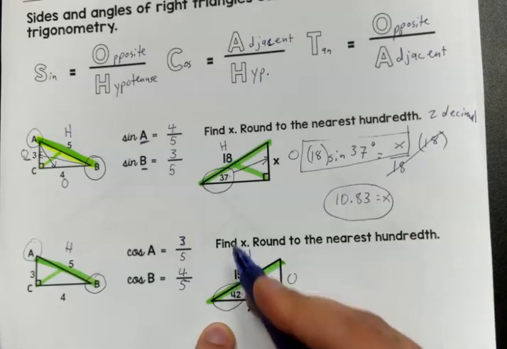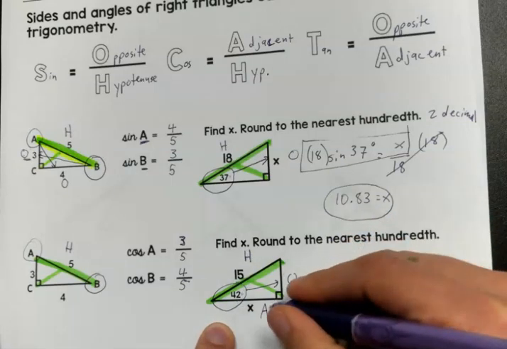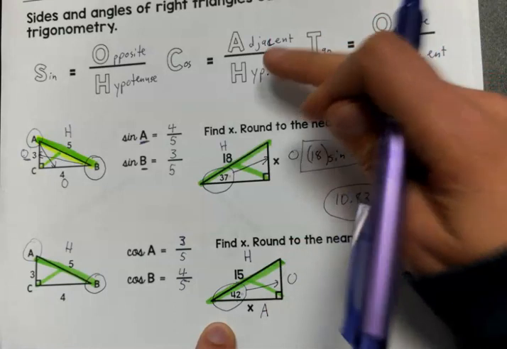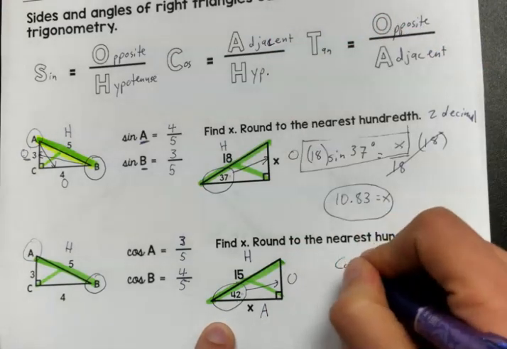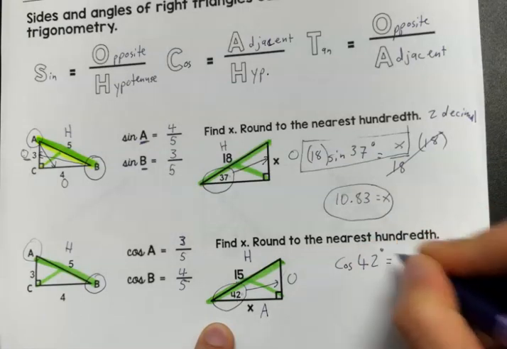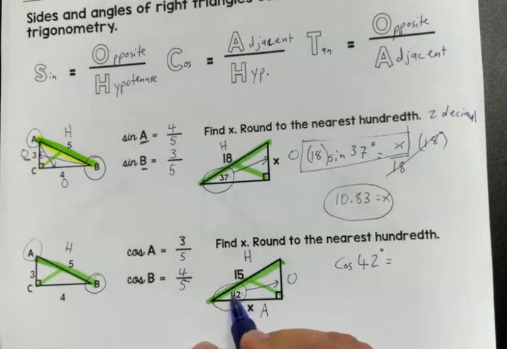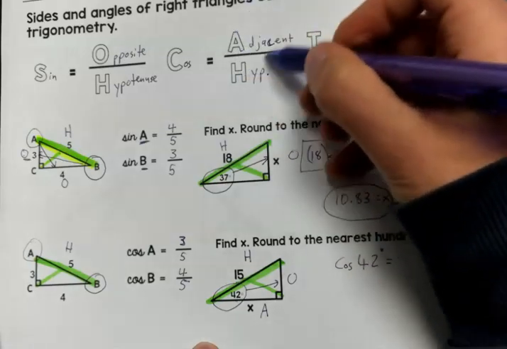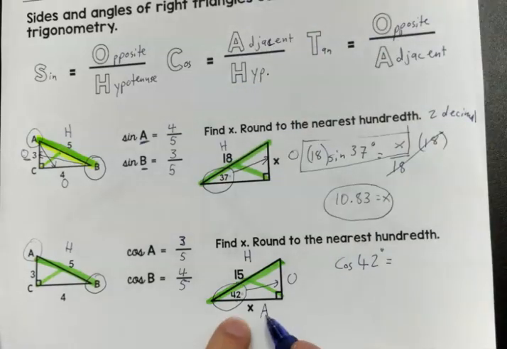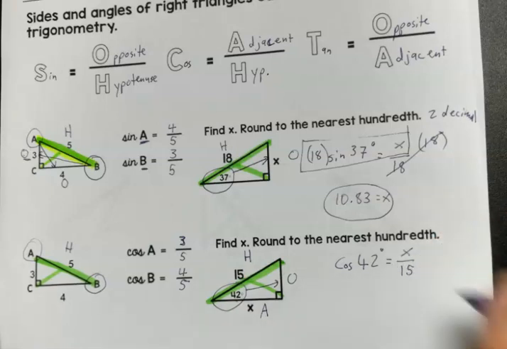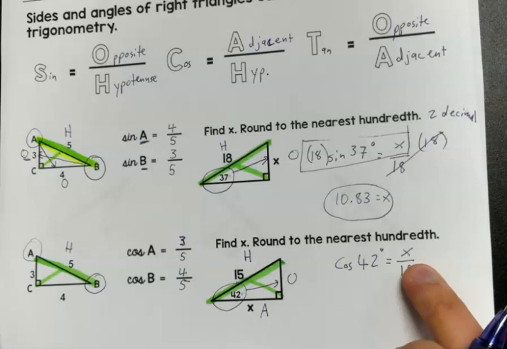We're just using adjacent over the hypotenuse. Alright? Adjacent over hypotenuse, when I go back up here, that's cosine. So cosine of 42 is equal to, you're always going to put cosine and then whatever the degrees are, and then on the other side equals, that's when you put this adjacent over hypotenuse. So x over 15.